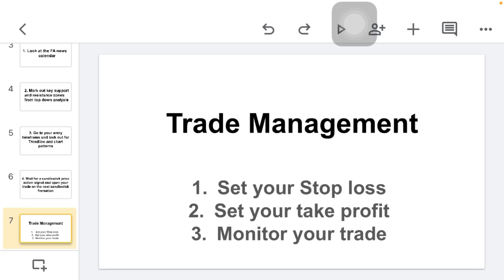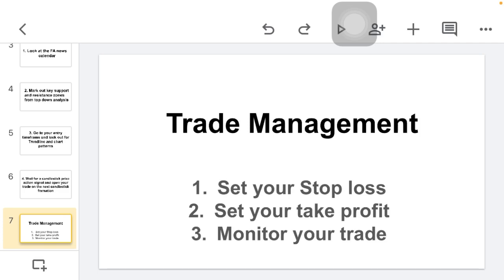You're just closing your trade and you've made a loss of $10. And you still have $30 to trade the next day. But if you don't set your stop loss, if the trade goes against you totally, you will exhaust all your money. So you see why trade management is very important. You need to set your stop loss.